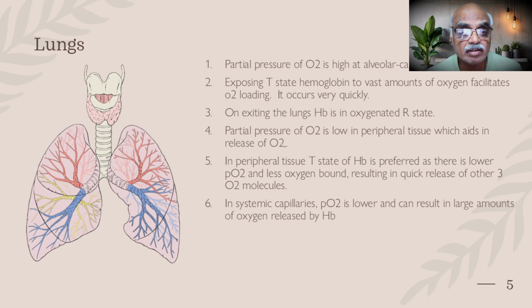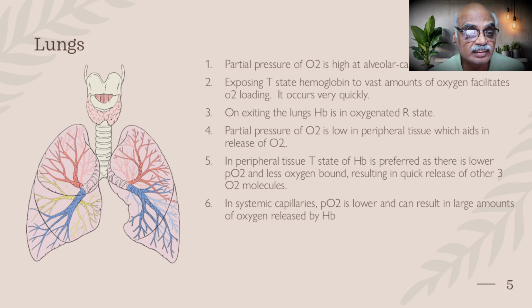On coming out of the pulmonary system, the hemoglobin is in an oxygenated or R state, or relaxed state. However, the partial pressure of oxygen in the peripheral tissue is on the lower side.